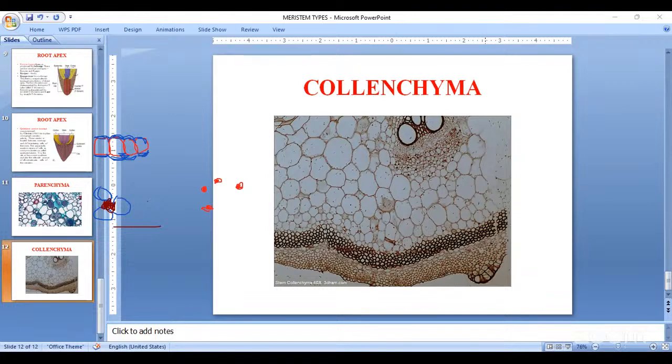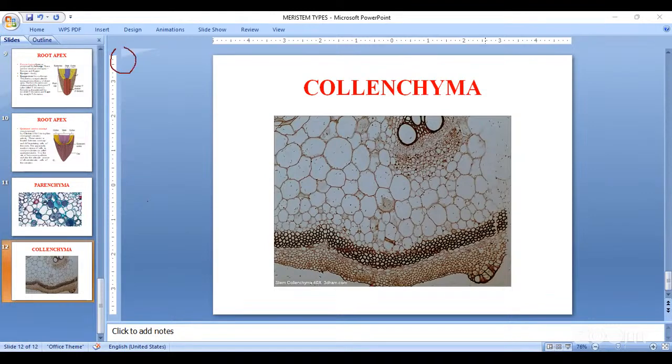And next one, sclerenchyma. Let's see sclerenchyma. Collenchyma is living, parenchyma is living, but sclerenchyma tissues are not living. The sclerenchyma tissues are dead cells. When compared with parenchyma, let me draw here.